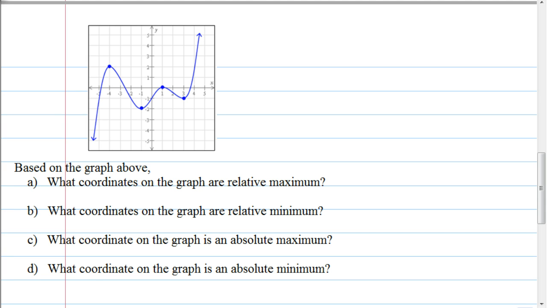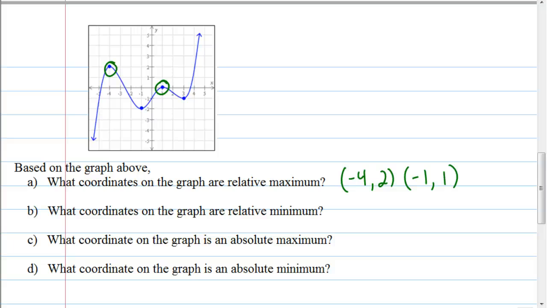Let's look at a real example here that you might see. It says, based on the graph above, what coordinates on the graph are relative maximum? Well, we actually have two of them here. The first coordinate that would have a relative maximum would be the coordinate -4, 2. And the other one would be the coordinate -1, 1. Now the maximum values of those would just be the 2 or the 1.